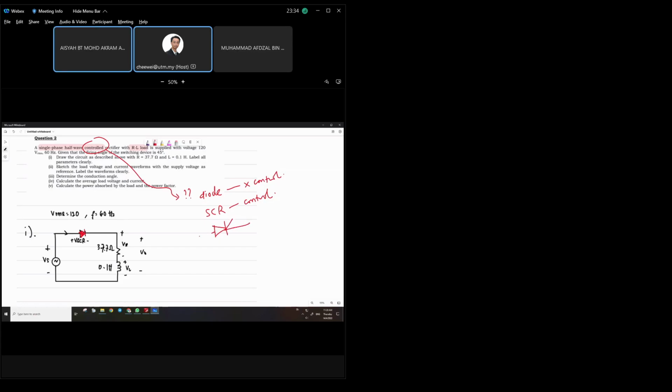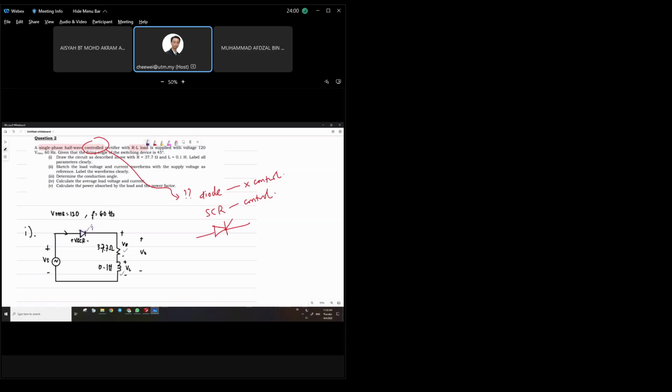Okay, so this one is SCR. Make it SCR. How to draw SCR? Okay, please alter and amend your answer. Add one more line. What is it? G, the gate. And then it's connected to R, correct? You have a resistor here. You have an inductor here.